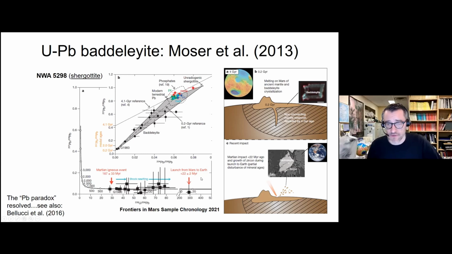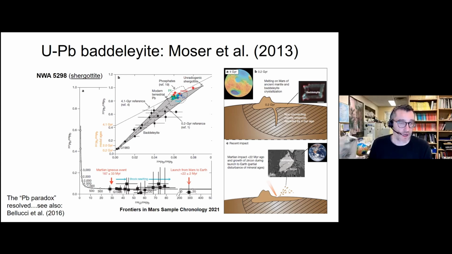This resetting is consistent with the shock occurring at the time of launch from Mars to the Earth, and they get a maximum age of that of 22 million years. In fact, the cosmic ray exposure age for this rock is about 4 million years. So it's consistent with the shock partially resetting the baddeleyite in particular locations within the rock at that time.